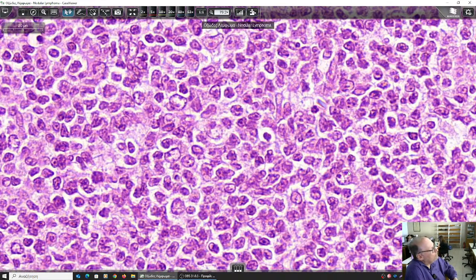Do you remember it from your study? An immunohistochemical marker that will help us differentiate the lymphomatous lymphoid follicles, which have no apoptotic potential, from the reactive lymphoid follicles, which have apoptotic potential. Remember that?